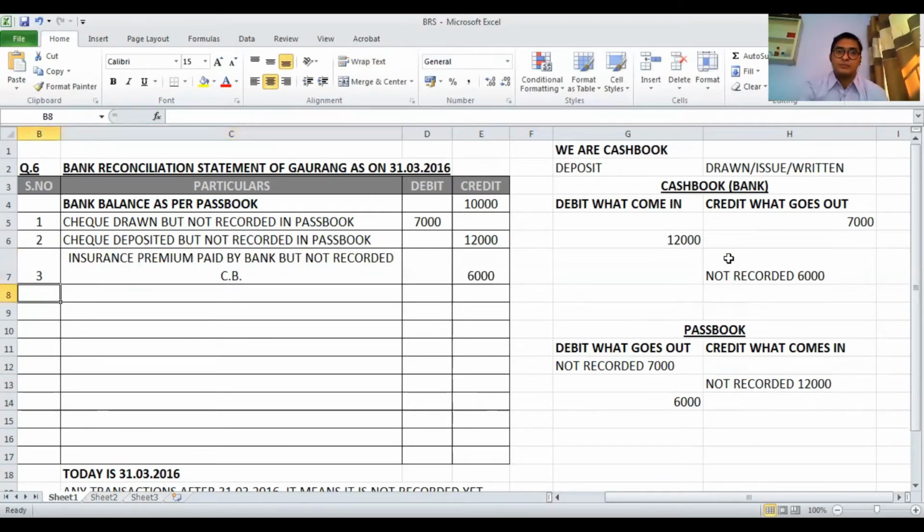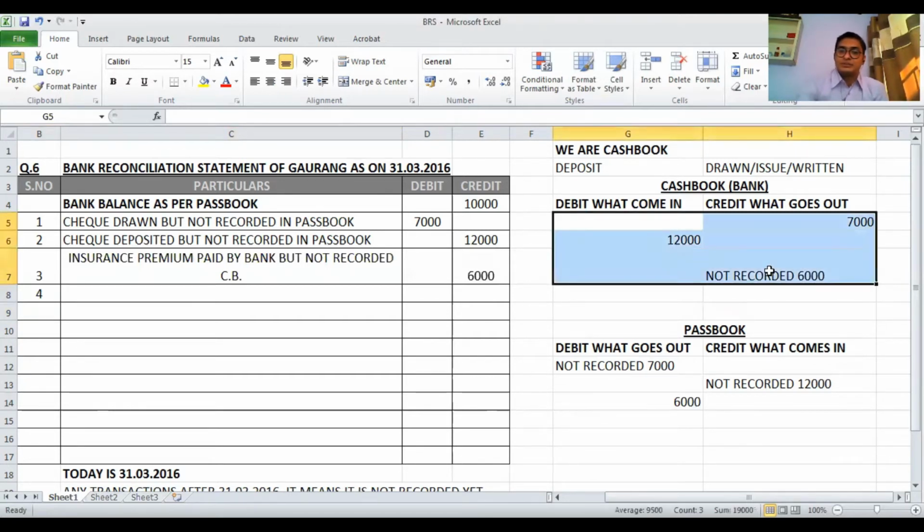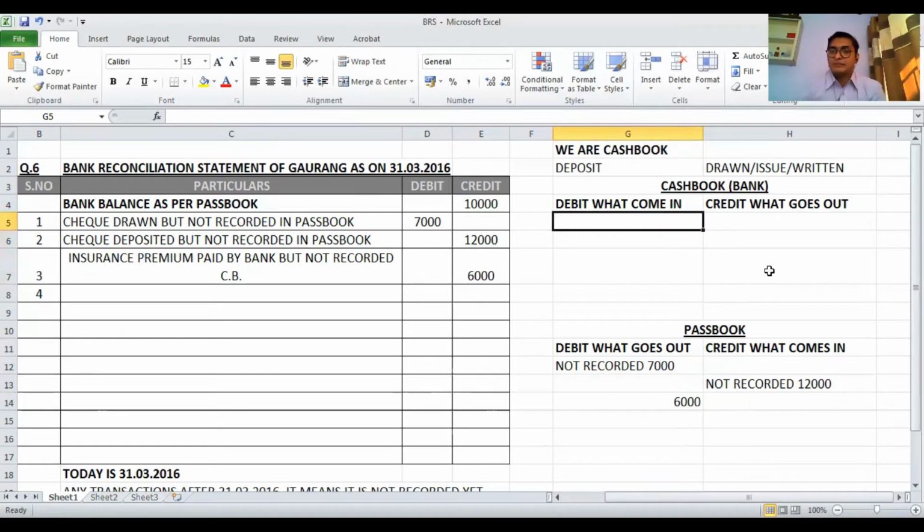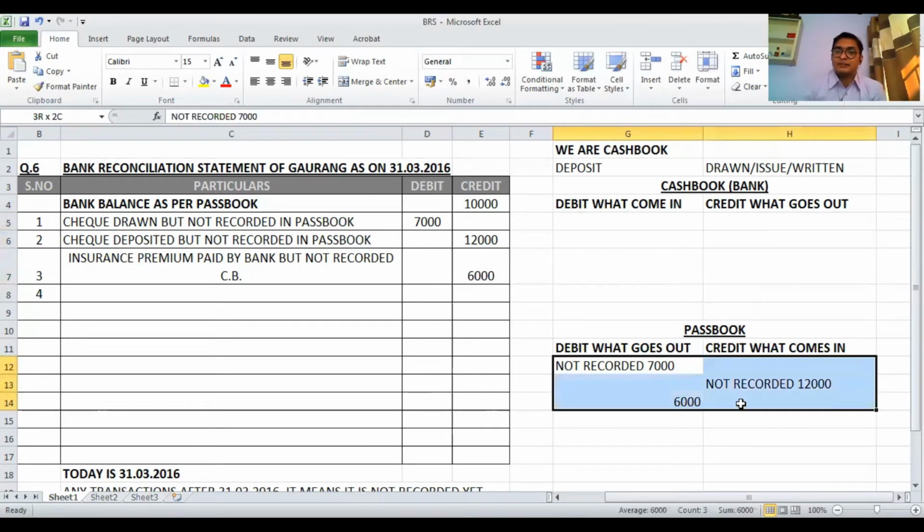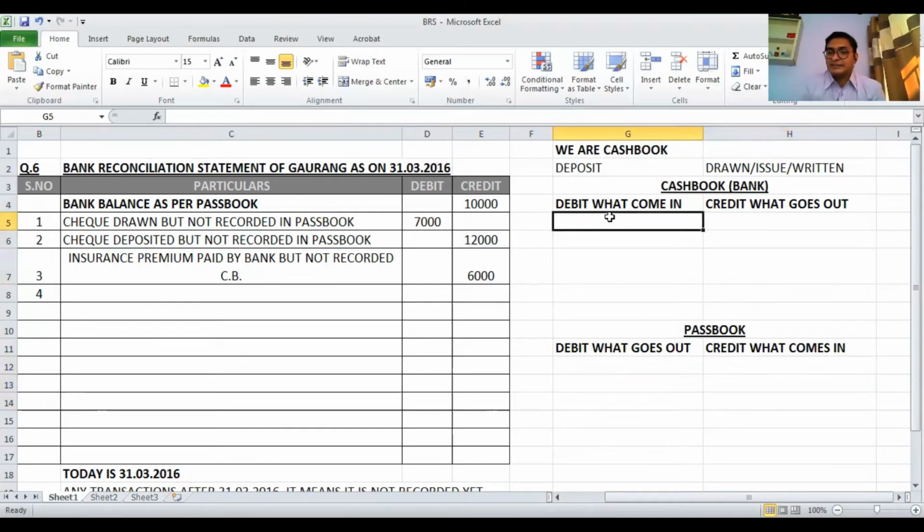Okay. Point number 4. A customer has deposited directly with bank. Here, check is directly deposited by the customer into the bank. It means our bank balance directly increases, debit side 5,000 and credit side 5,000. But it is not recorded in cash book.